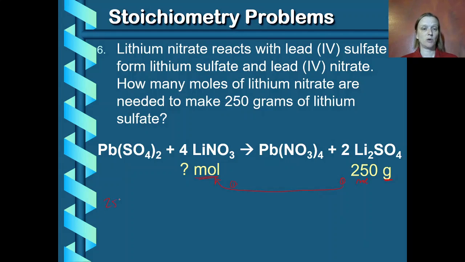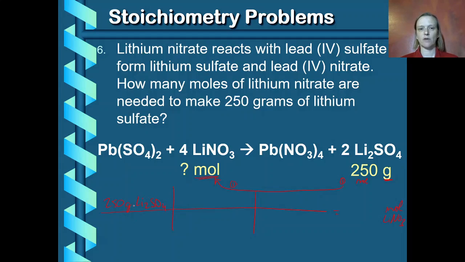So we start with 250 grams of lithium sulfate, leave room for 2 conversion factors, and I want my final answer to be in moles of lithium nitrate. And now I insert my conversion factors.